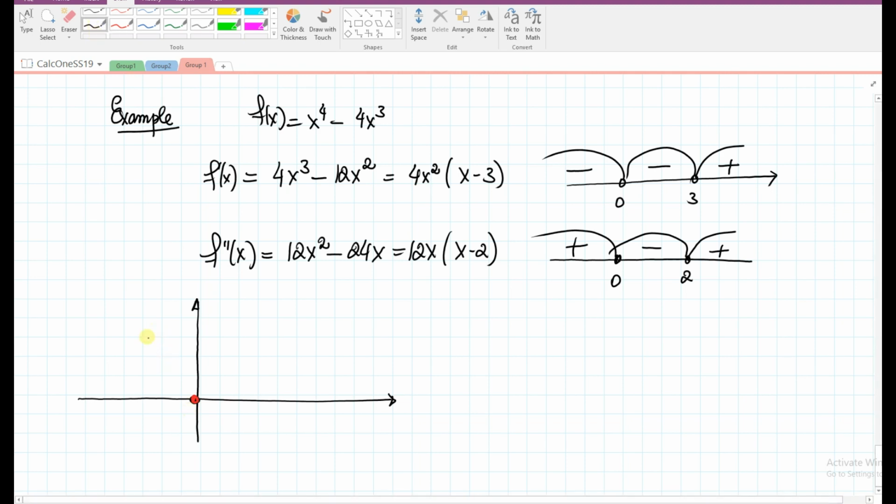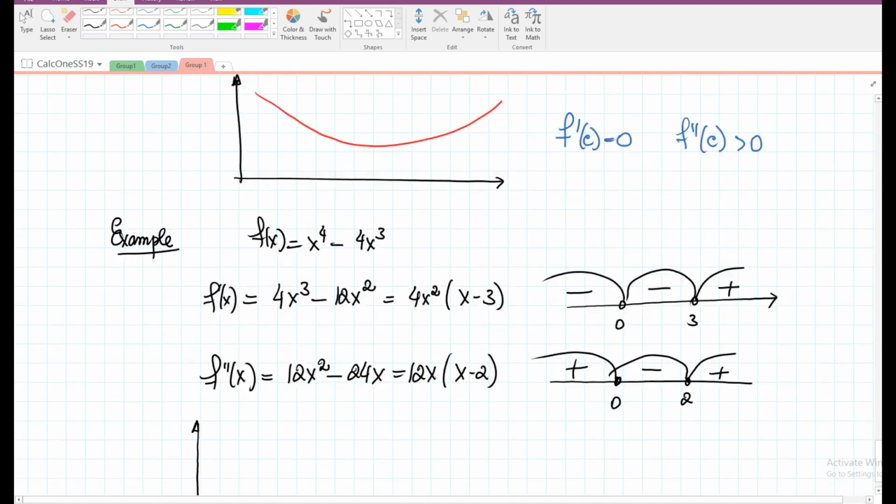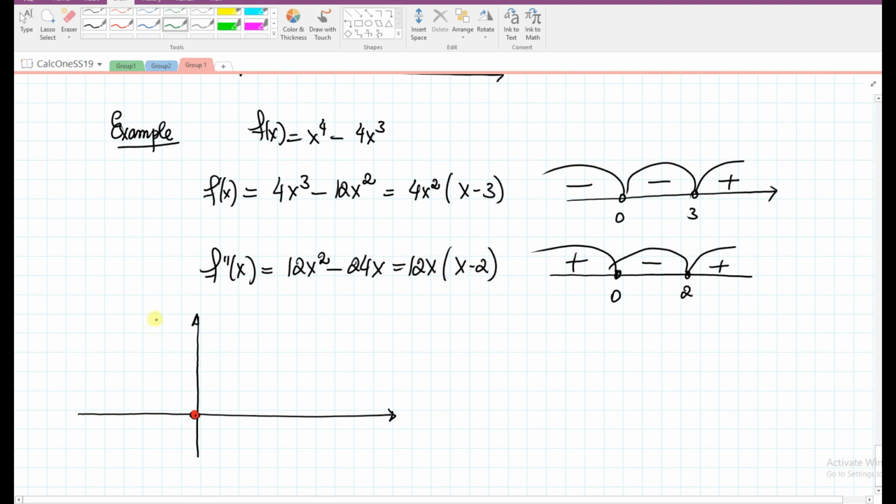So before x reaches 0, this is decreasing, but concave up, right? What does it mean, concave up? It should look like this, right? So it will be like this. After the 0 until the 2, it is decreasing again, right?